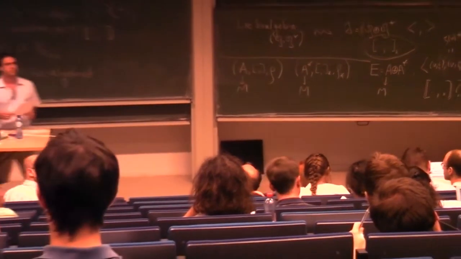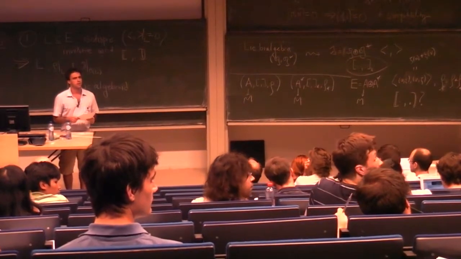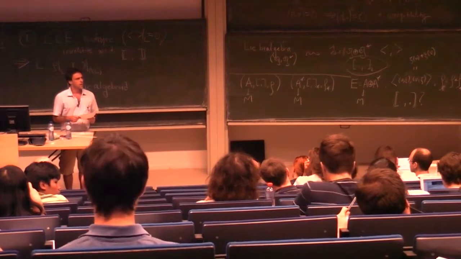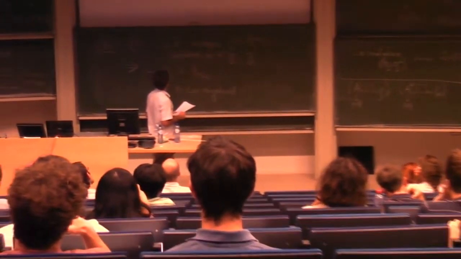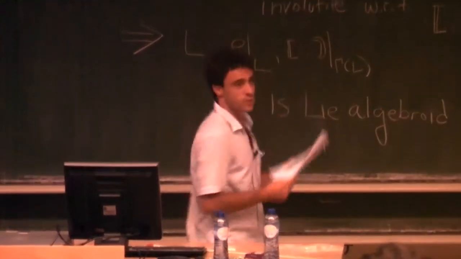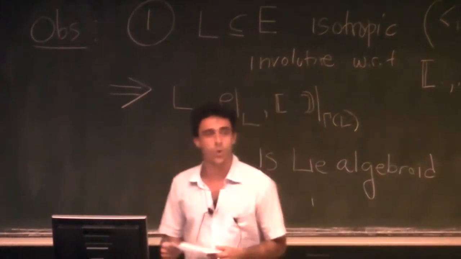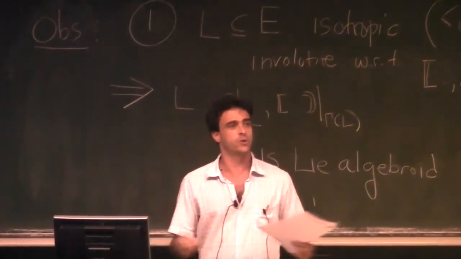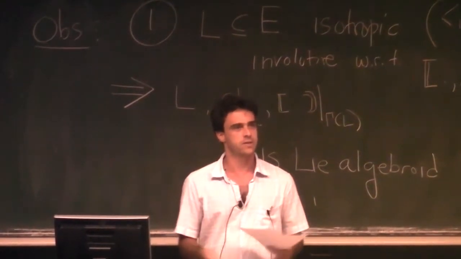In the definition of the Courant algebroid, are you assuming that this bilinear form is split signature? Right. So in principle, I don't really have to assume that. If I don't assume that, then maybe these pairs of transversal Dirac structures will not exist. But if you want them to exist, then I think that you should assume that the signature of the pairing is split.